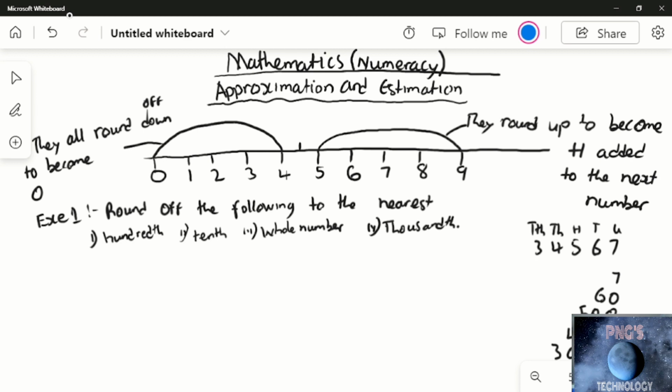So we want to round off some set of numbers to the nearest 100, tenth, whole number, thousand. So in this case, let's assume our number is 264.5463.